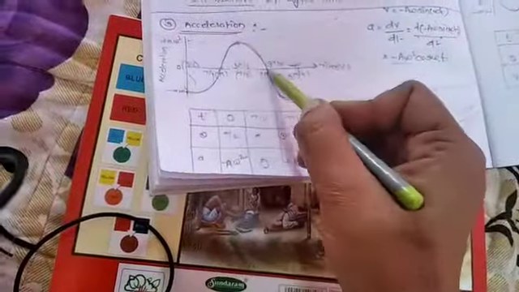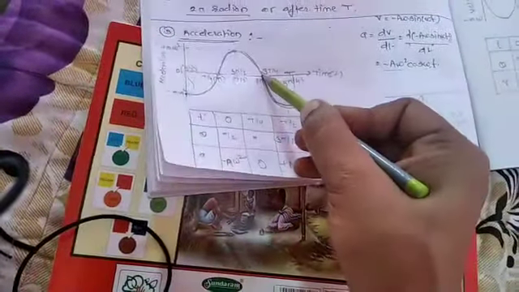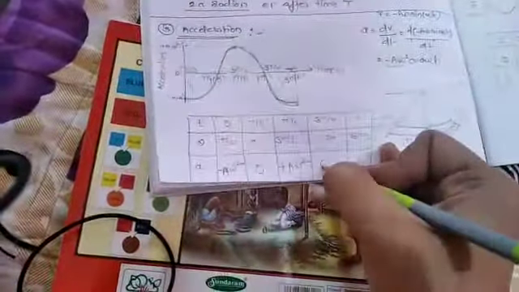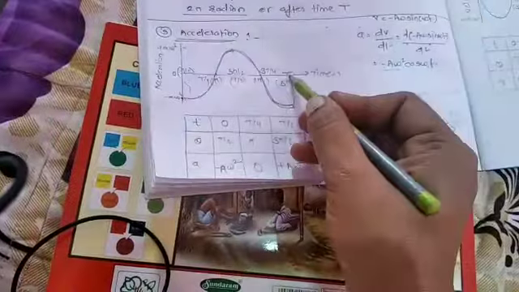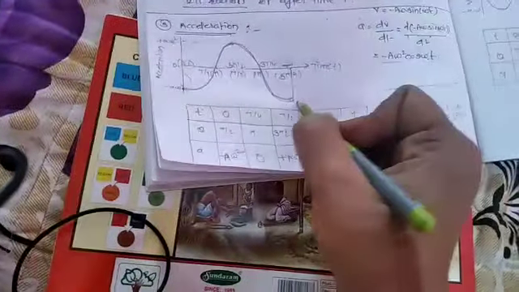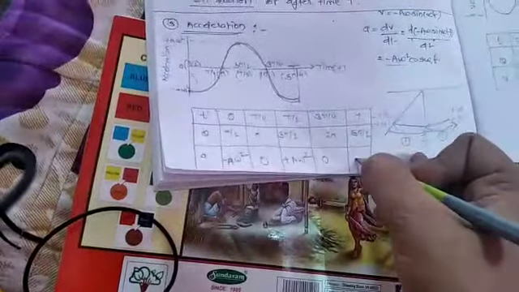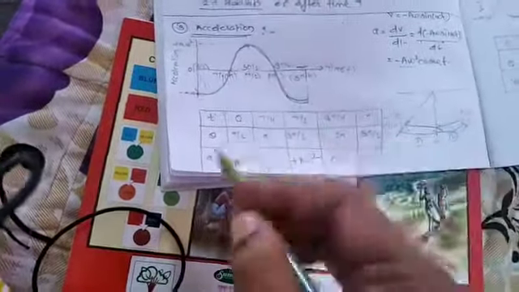From here at 3T by 4 or 2 pi, it is again the mean position, it is 0, and from here it is going to T, that is one complete oscillation, 5 pi by 2, so it is the negative extreme, so we write here minus A omega square again. So this is about the acceleration time graph.